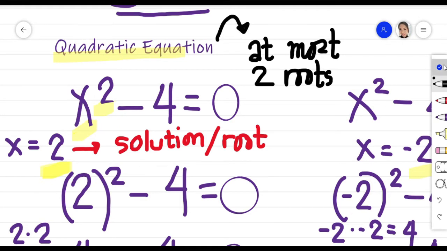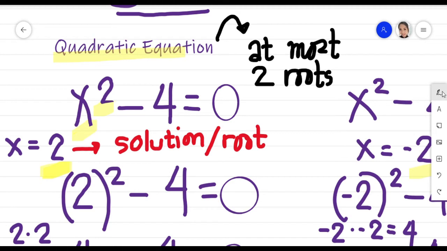Now, what does the exponent of our quadratic equations tell us? It means that since the highest exponent of our variable x here is 2, it somehow signifies or implies that our equation will have at most two roots.